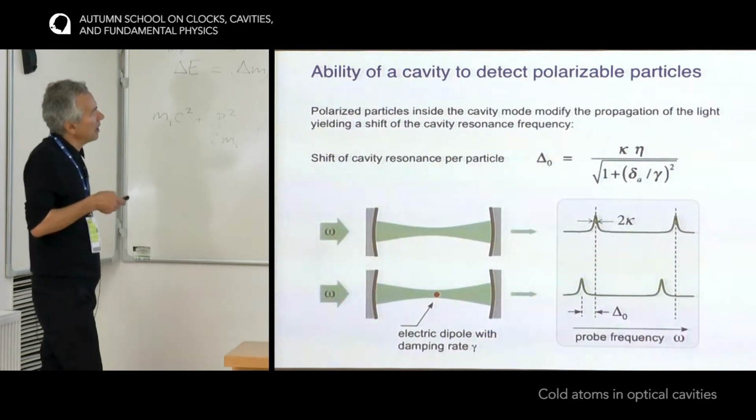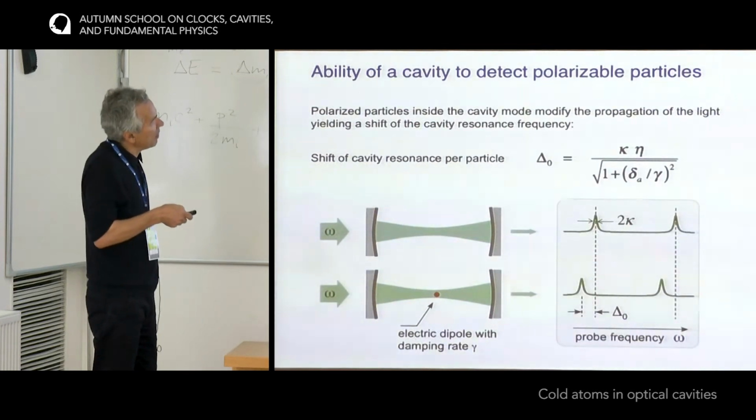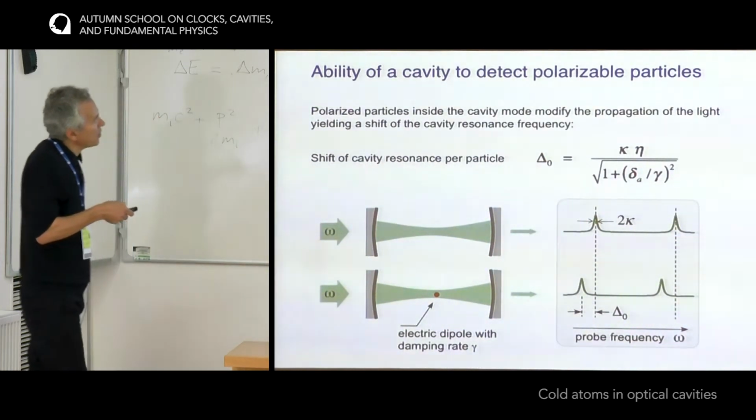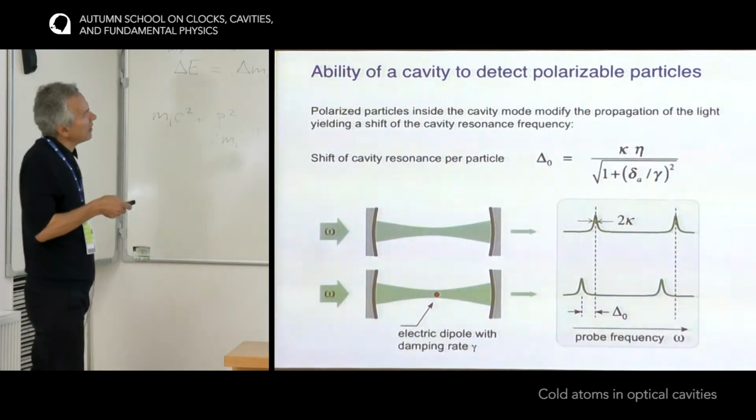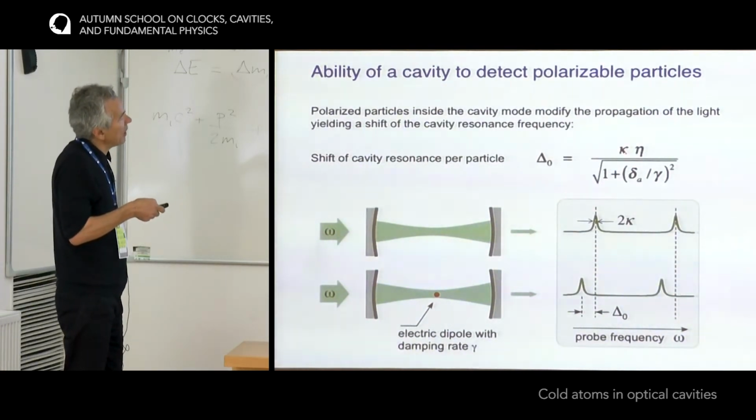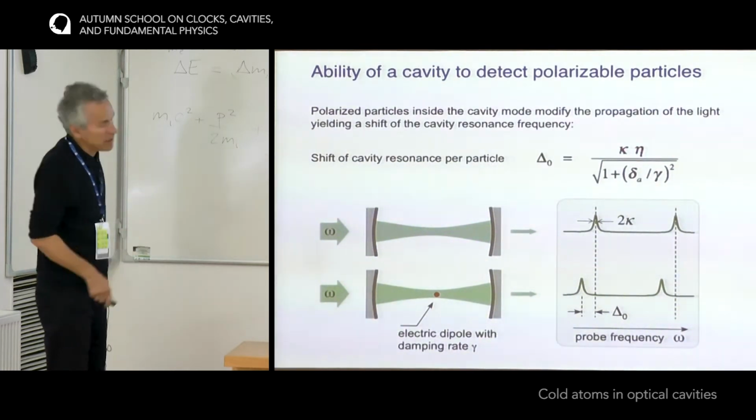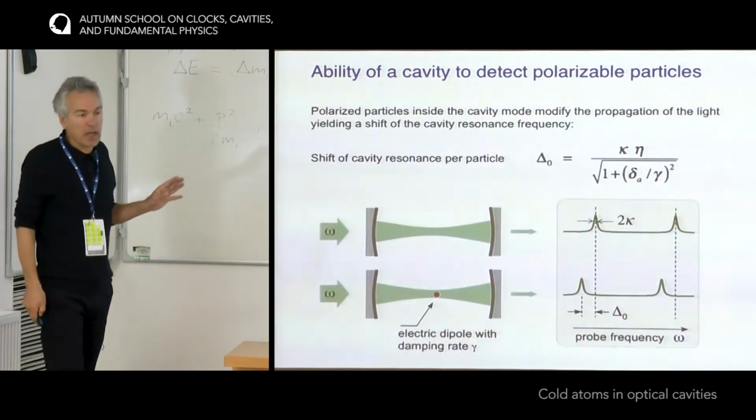resonance per particle, is given by this formula, and you see that due to the fact that we are strongly detuned, there is a large denominator, and here we have the cavity photon decay rate, and this is the Purcell factor, which in our case is a little larger than 40.